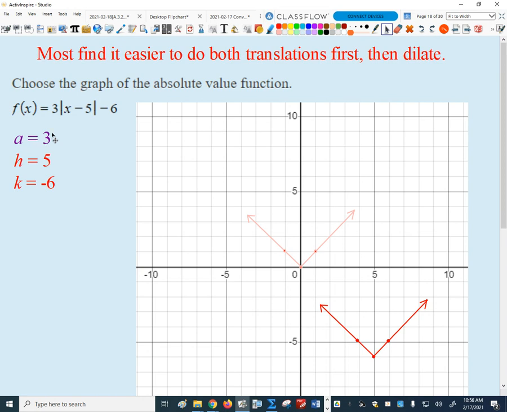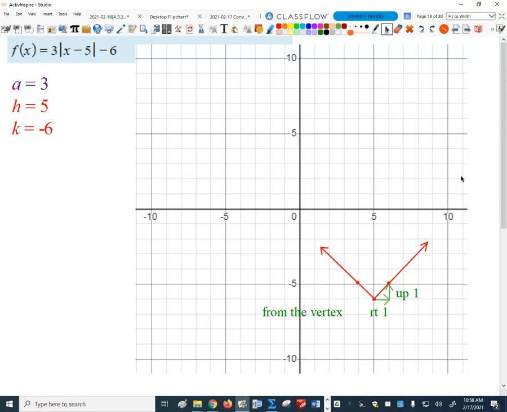We're going to dilate this thing, though. A is equal to 3, right? So instead of going 1 to the right and up 1, what are we going to do? If the dilation factor is 3, what do I have to do? Instead of going 1 to the right and up 1, what am I going to do?